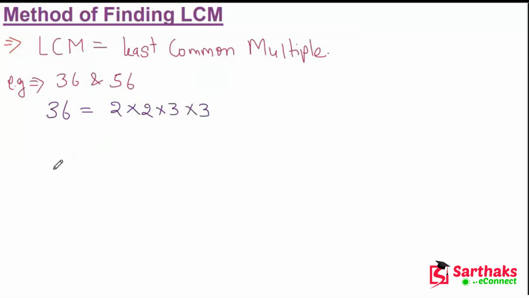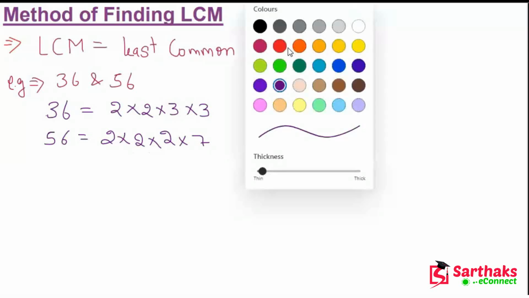Now, what are the factors of 56? The factors of 56 are 2 into 2 into 2 into 7. Got it? Now the uncommon prime factors are those which are not common.